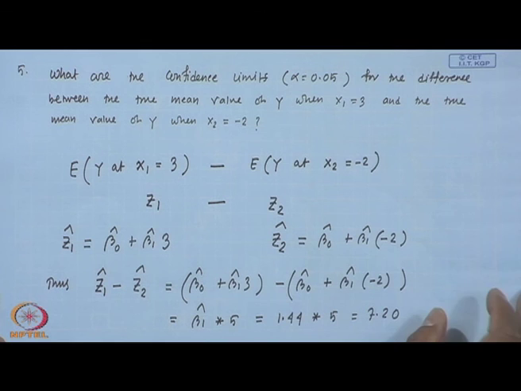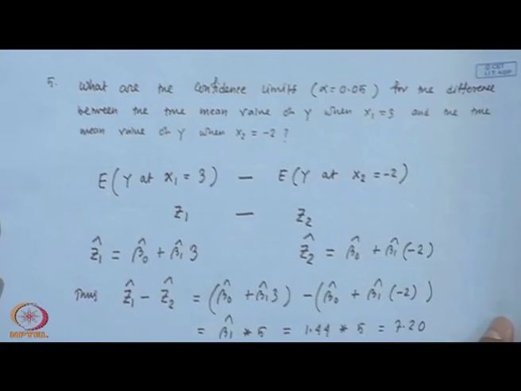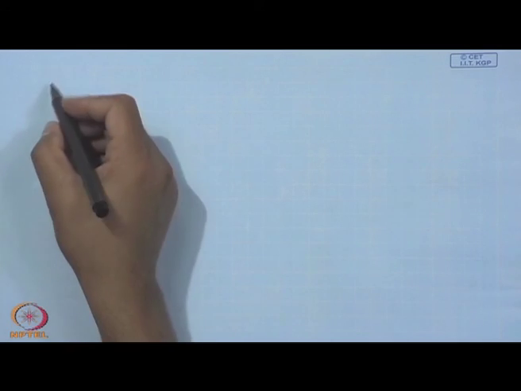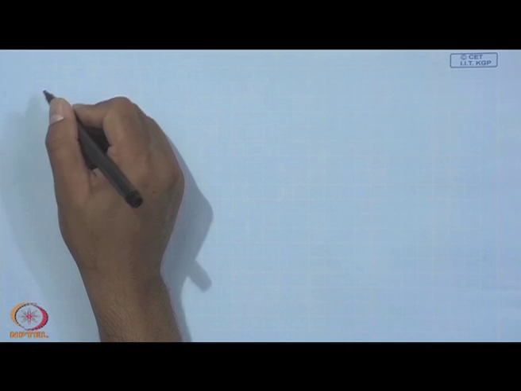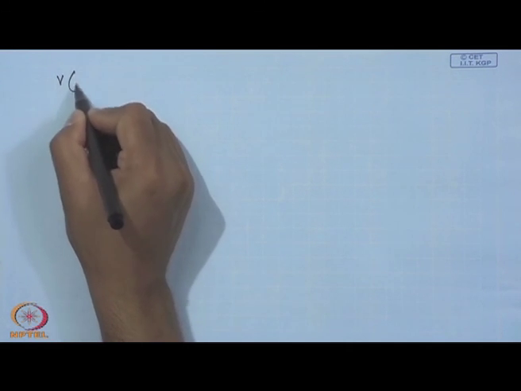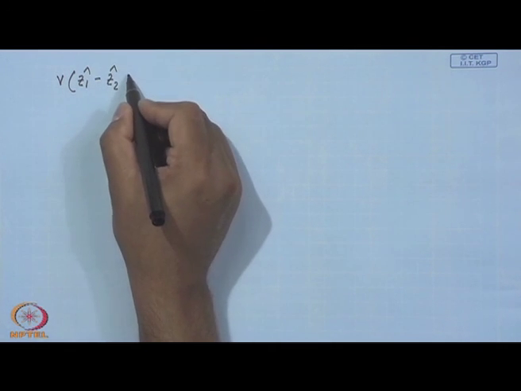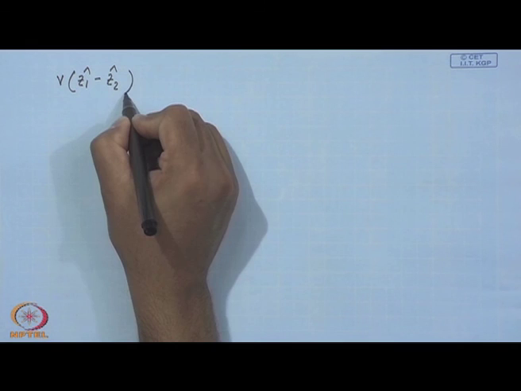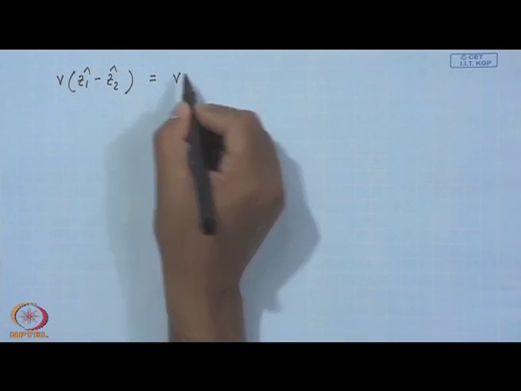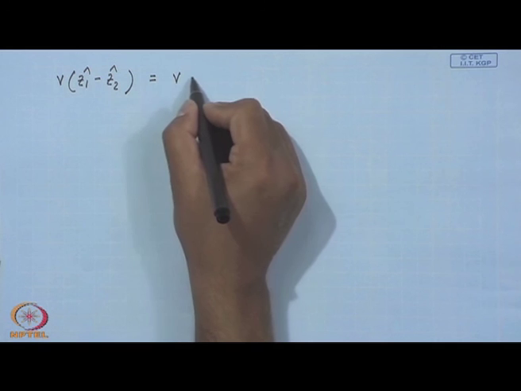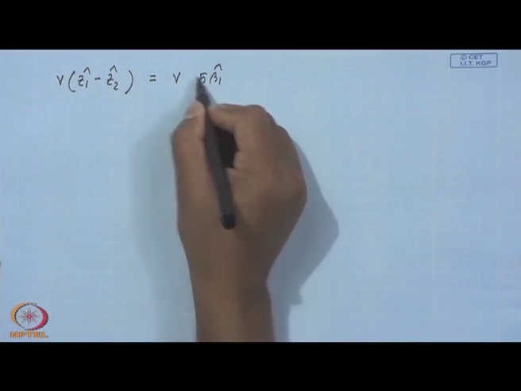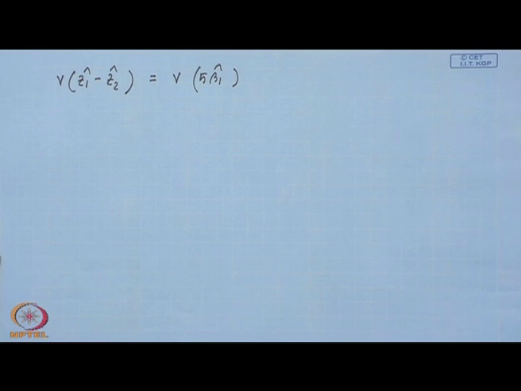Now, we have to find a confidence interval for Z 1 minus Z 2. So, we have to find a distribution for Z 1 hat minus Z 2 hat, and for that we need to compute the variance. The variance of Z 1 hat minus Z 2 hat is nothing but the variance of 5 beta 1 hat, right, because that is what we got here.